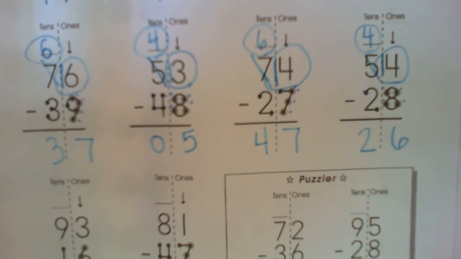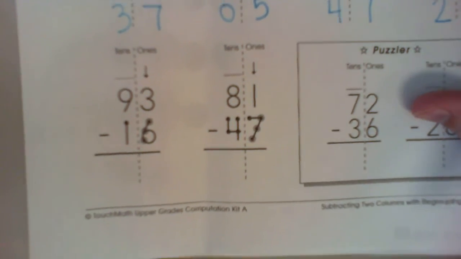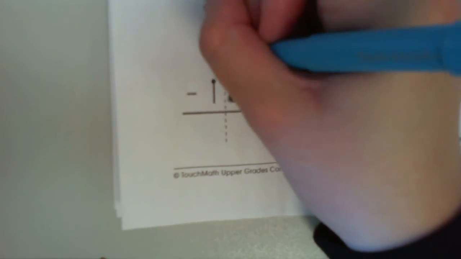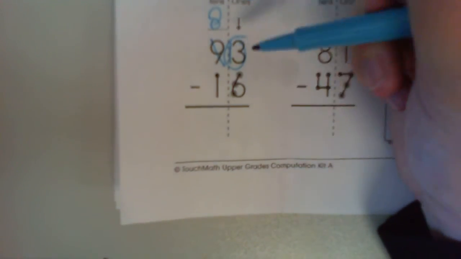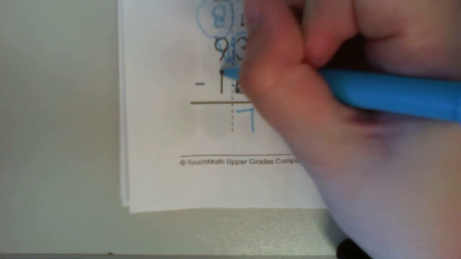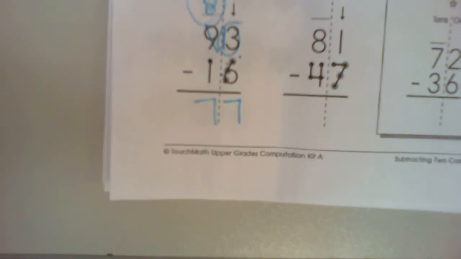We get 26. 93 minus 16. 9 becomes an 8 since 6 is larger than 3. 3 becomes a 13. 13, 12, 11, 10, 9, 8, 7. Then 8, 7. 93 minus 16 is 77.